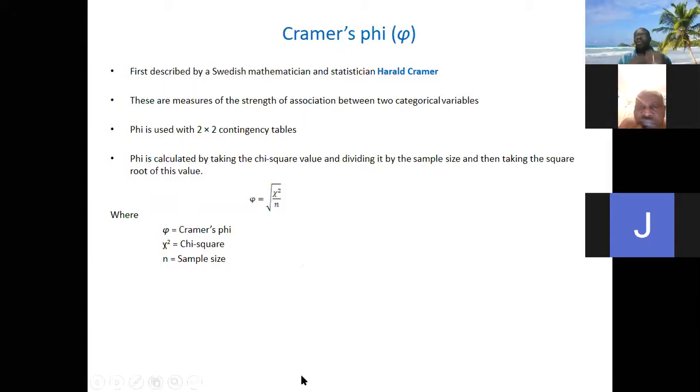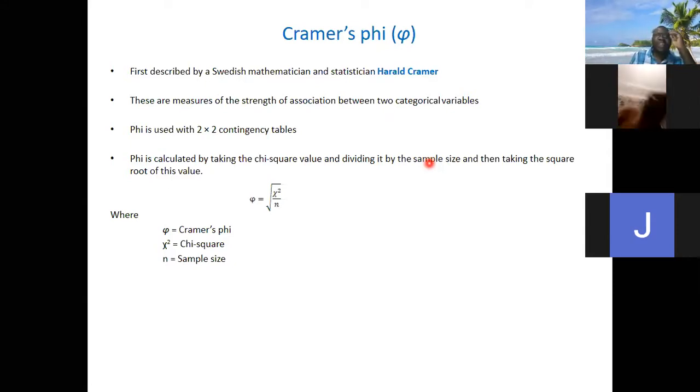Now, we have looked at the correlation and the standardized mean difference. Let's quickly look at Cramer's method. Now we are dealing with categorical variables. Whenever you have a categorical variable, chi-square is the statistic of choice for determining association between two categorical variables.